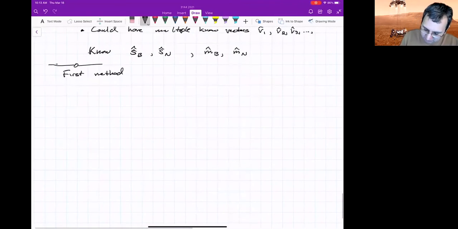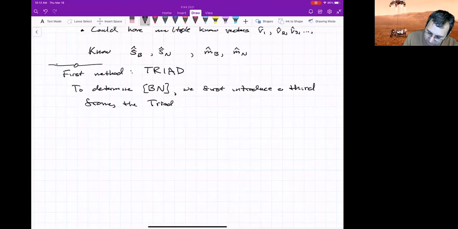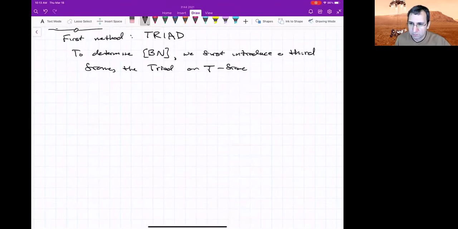The first method is called the TRIAD, often capitalized. The idea is that to determine the B frame related to the N frame, we first introduce a third frame, the triad or T frame. Let me sketch out what's going on. If we have a body-fixed frame, there are going to be unit vectors B1, B2, B3.